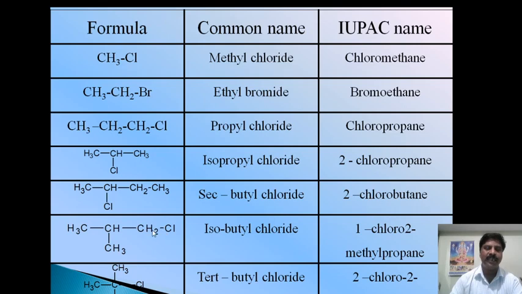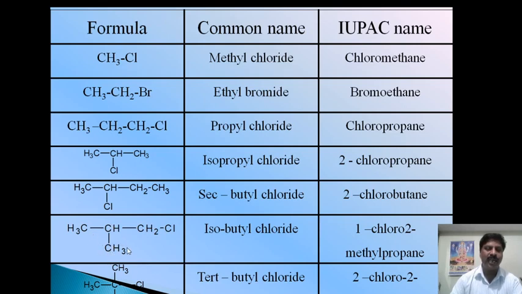Similarly, you have to write isobutyl chloride. This is isobutyl chloride, but numbering should take place from here. You have to select the longest possible carbon chain. Here the chloro group is there, 1, 2, 3, whichever way, the numbering should be the same, and therefore we say 1-chloro.